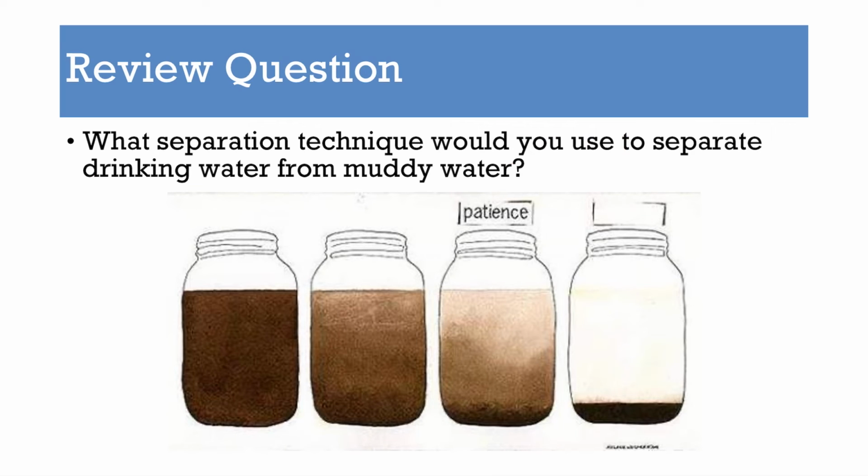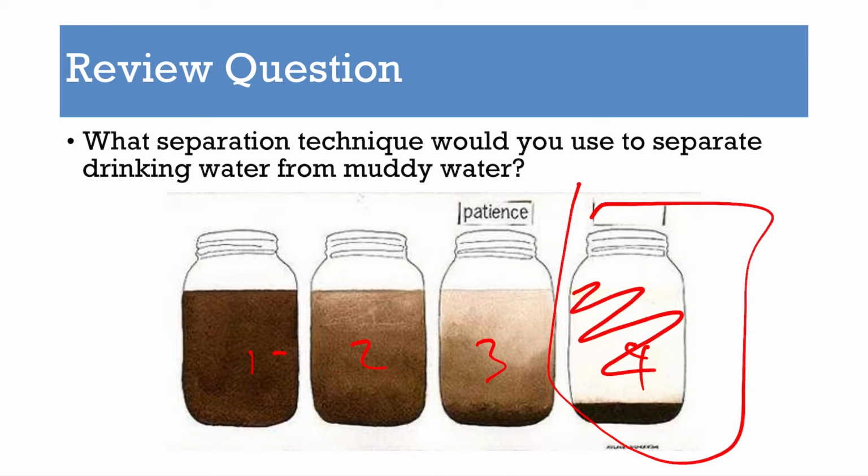So that's pretty much all the separation techniques we're going to cover. Let's just go through some of these together. So you have some muddy water, and you let it sit. And so now you have water with your solid mud rock stuff on the bottom.